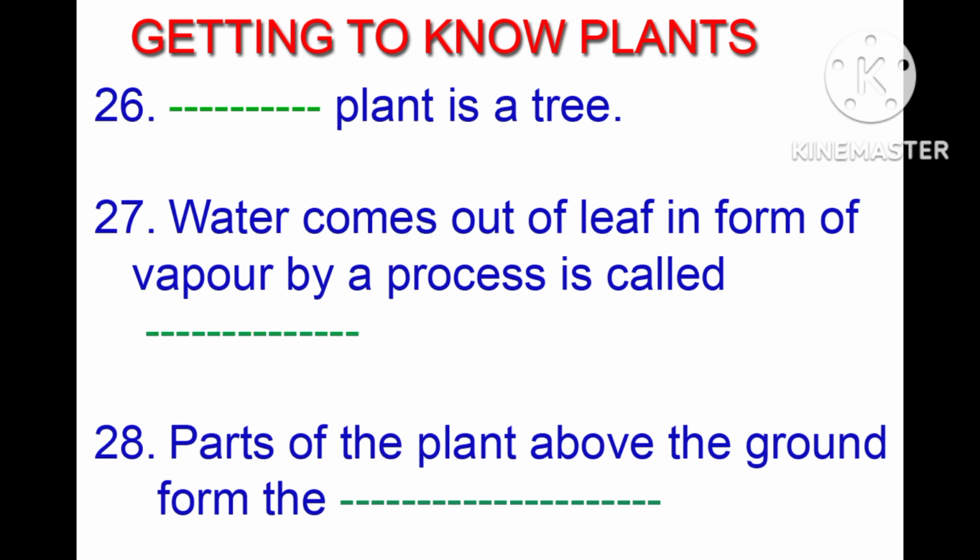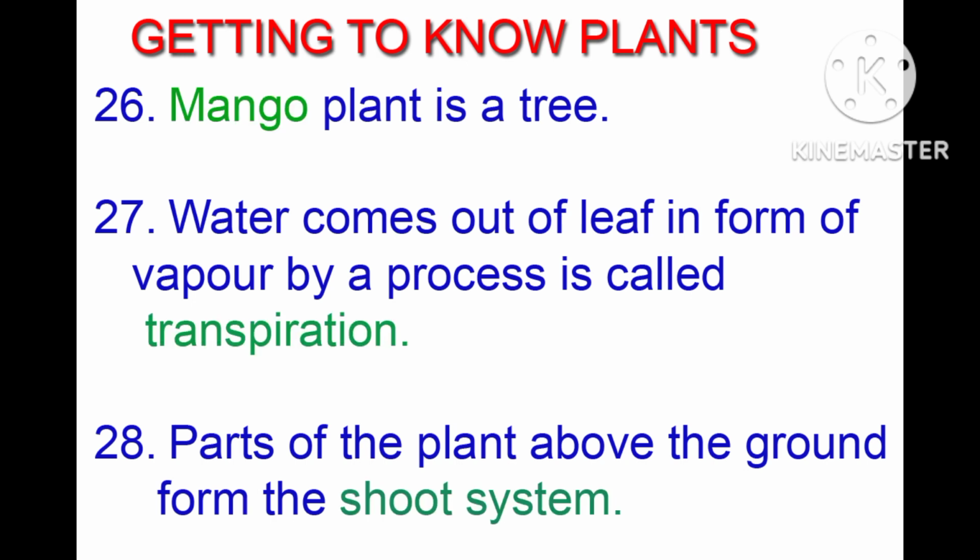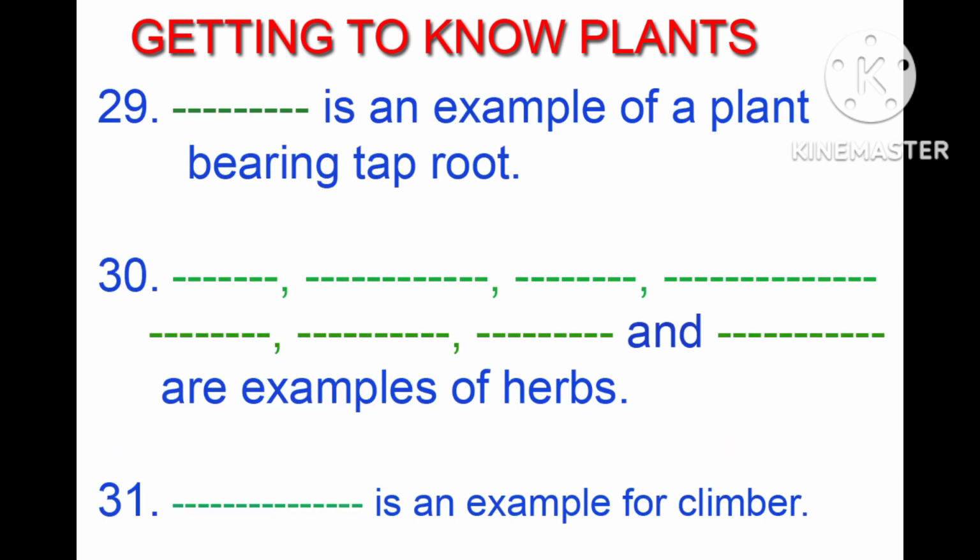28th. Parts of plant above the ground form the shoot system. 29th question. Dash is an example of a plant bearing taproot. The answer is carrot. 30.